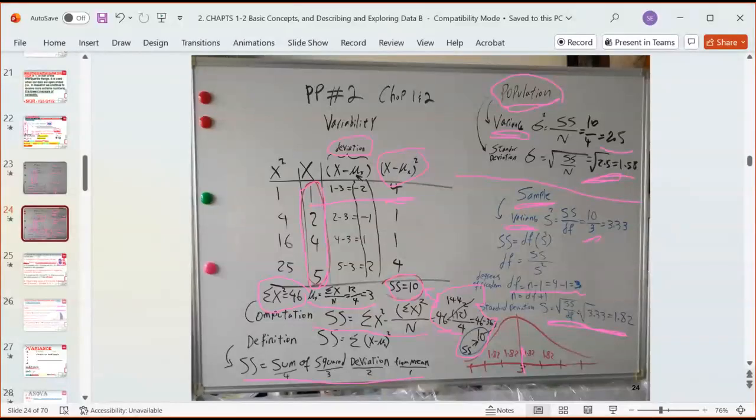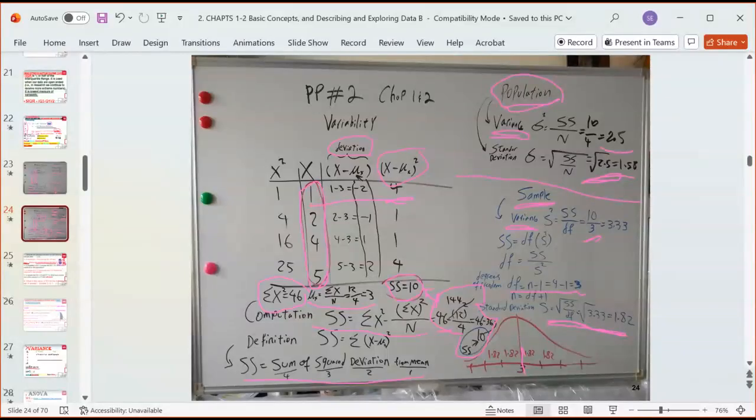Then you can go back to that calculation. If I ask you, on the top right side of the screen, what's the variance? Variance was SS over N. Well, we know the value of SS. We calculated it manually, either way, whether definition or computation, it is 10.